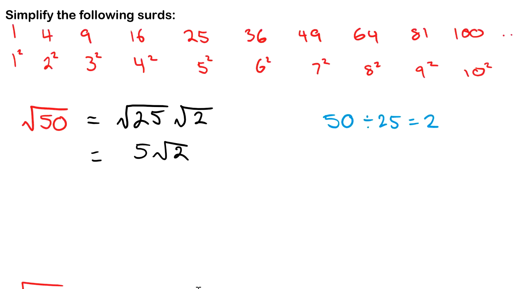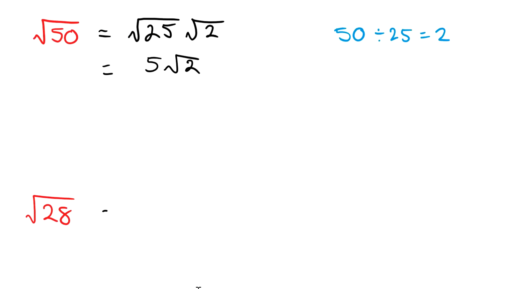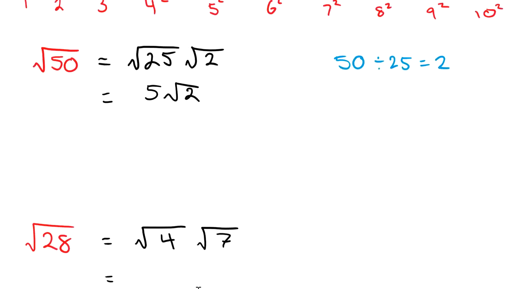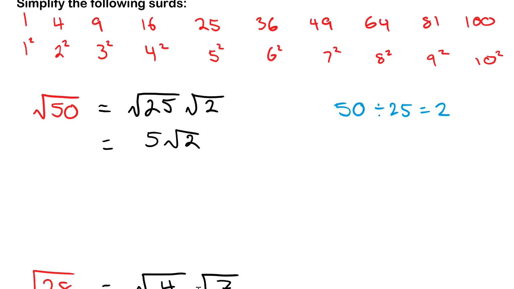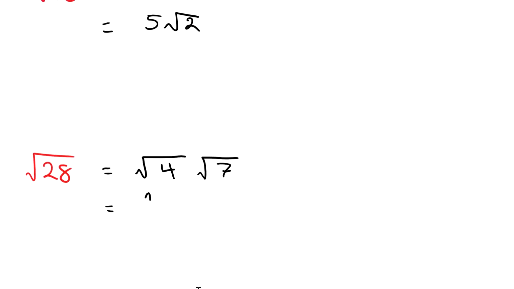I know it's 4. So root 28 is going to be root 4 times root 7. Now remember, if we go up here, 4 turns into 2. So 2 root 7 is our final answer.